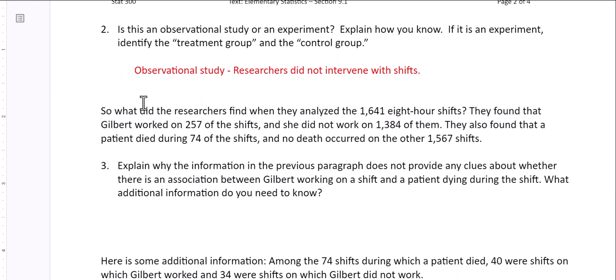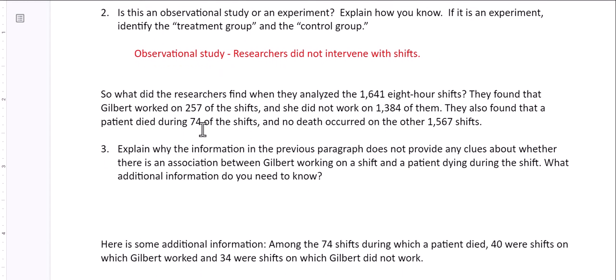And you can always write these answers in your own words, what makes sense to you, as long as you get the point across that the researchers were not intervening with how the shifts were happening. Plus what I already said, right? The shift already happened and we're just looking at it after the fact. That is a good giveaway of an observational study.